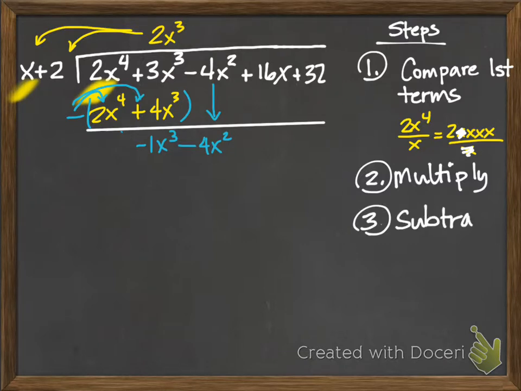Let me put that in blue. That way it kind of corresponds to what we did. Okay, so this was subtracted. And then step 4, you're going to bring down your next term.